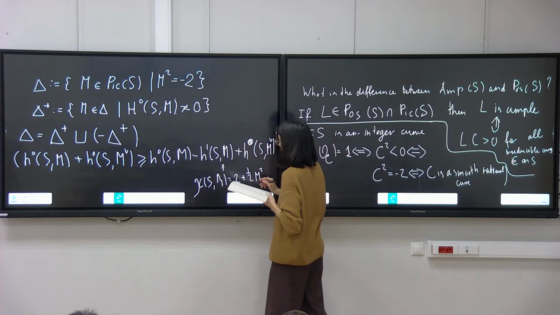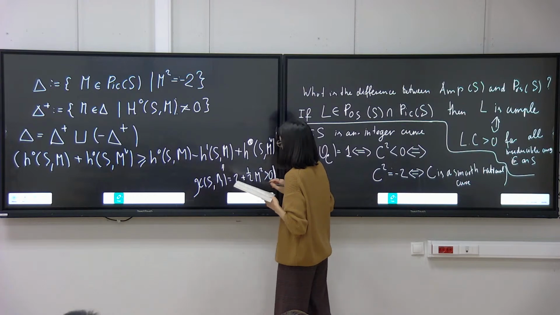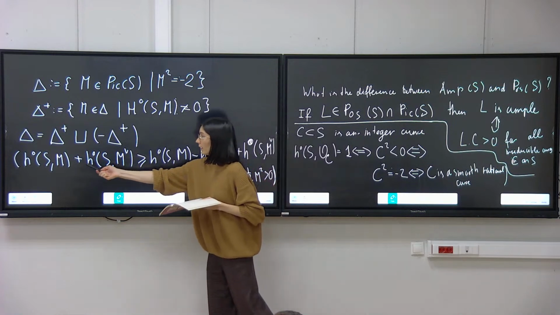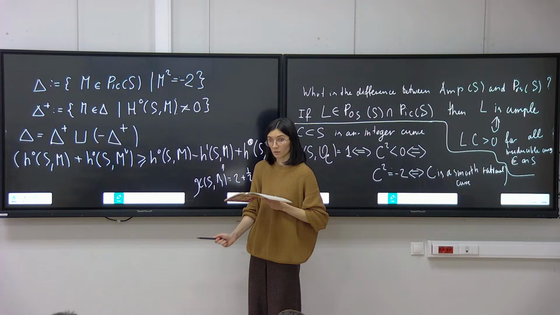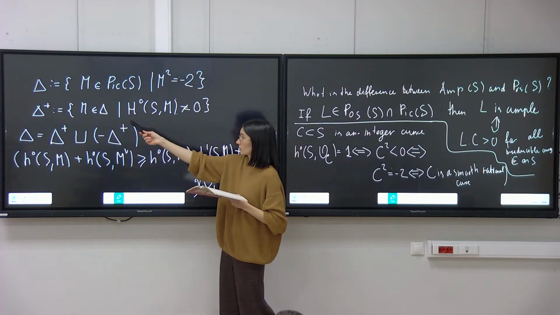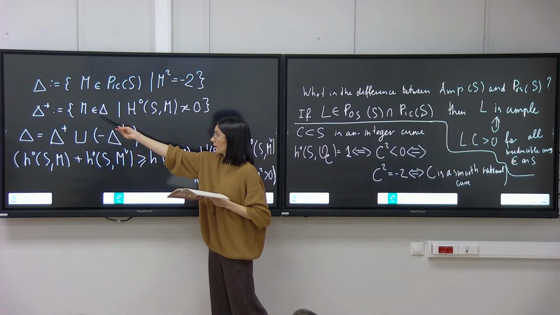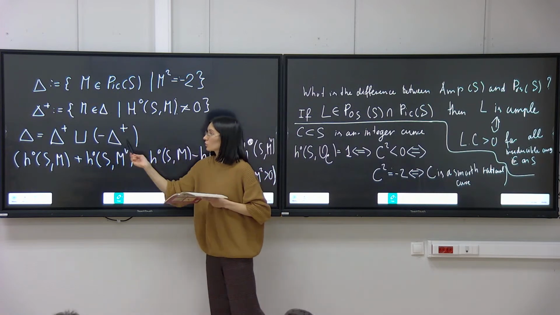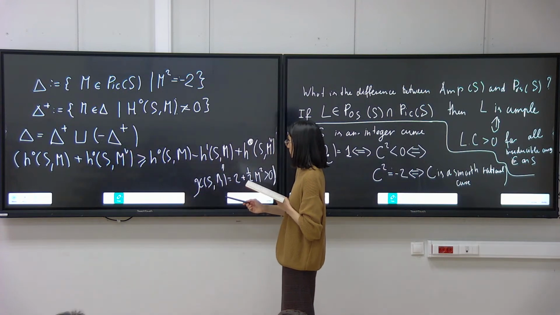And since we have this, this is 1. Okay, and so we should have global sections of M or M dual. So we consider M or M dual. It has global sections, and this gives you this decomposition.